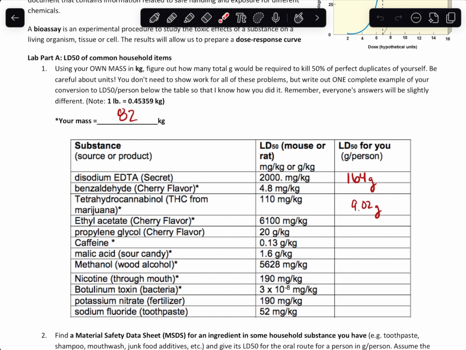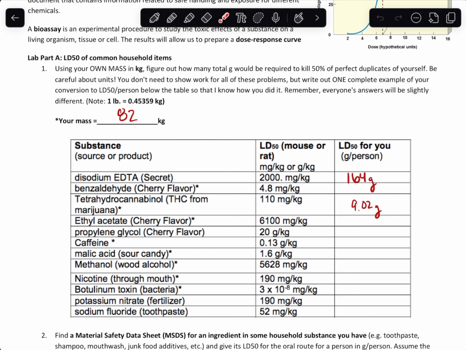So for disodium EDTA, which is the active ingredient in deodorant, I would multiply 82 times 2,000, or whatever your mass is. I got 164,000, so I divide that by 1,000. And so it turns out if I consume 164 grams of that active ingredient, I have the potential to die.